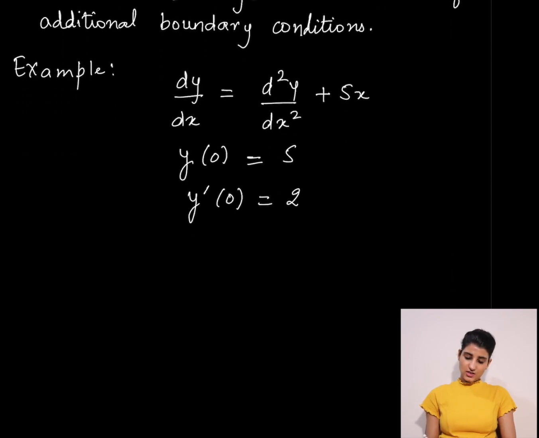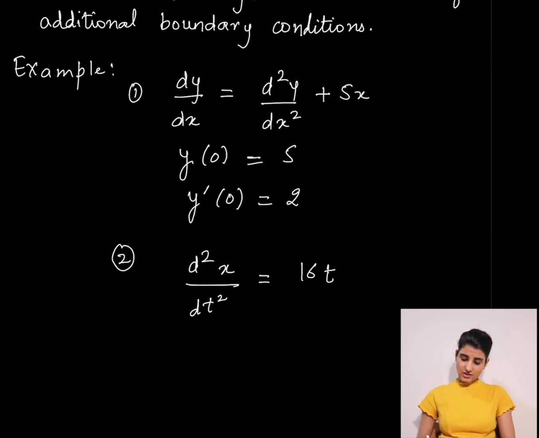And the second example is, so this is number 1. Number 2 is equal to 16t, and at 0 the value is 2, and at 1 the value is 9.